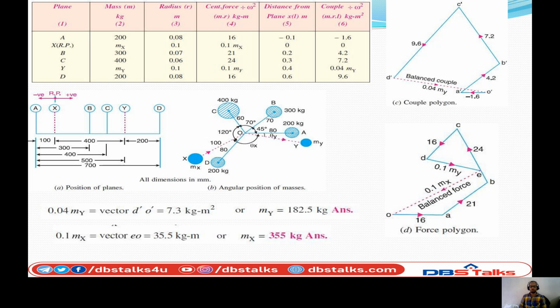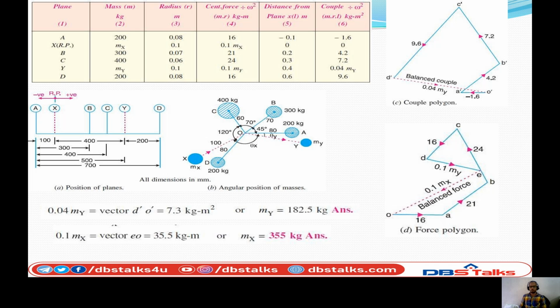Then coming to the force polygon, the force polygon we have already constructed with the value 7.3. This is the result we achieved from the couple polygon. So with the same value we draw the same angular position, that is d dash o dash, parallel to d dash o dash, drawn in the force polygon where we have stopped, that is d.